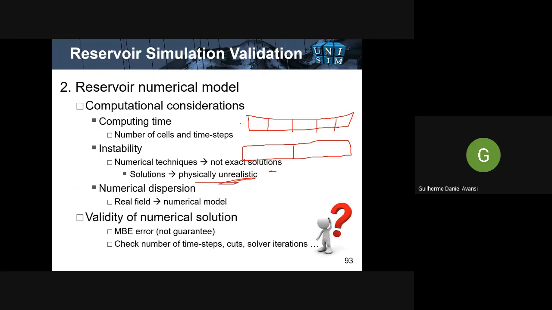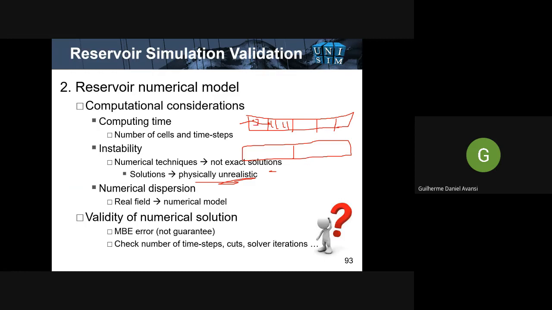This block has initial water saturation, right? The flow is in this direction. So we have this grid block filled with one amount of water, and then the flow reaches the next grid block.